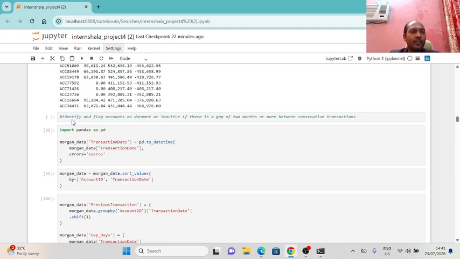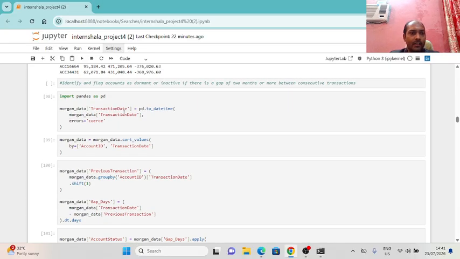And then we have to identify and flag accounts as inactive or dormant accounts, and the condition is that if there is a gap of 2 months in the transactions, that will be flagged as an inactive account.